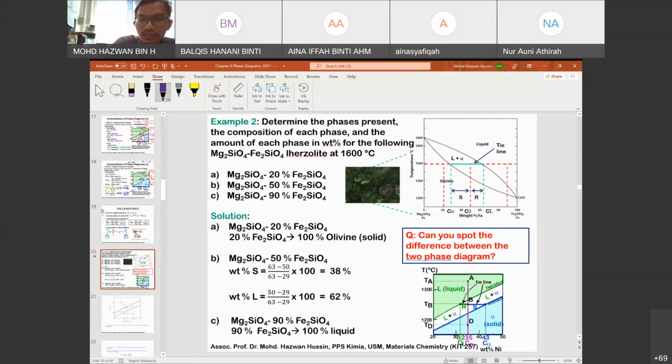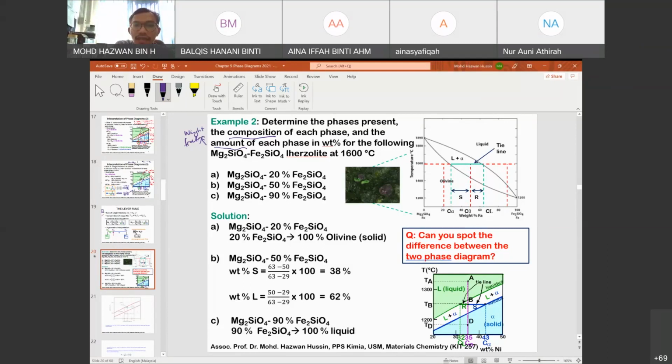The question asks you to read what will be the composition and amount. Amount is actually equal to weight fraction of each phase.